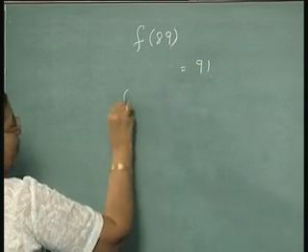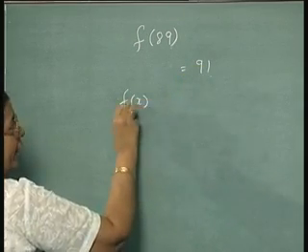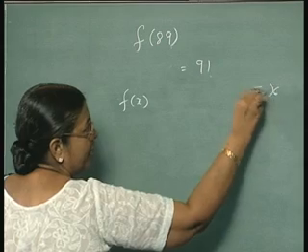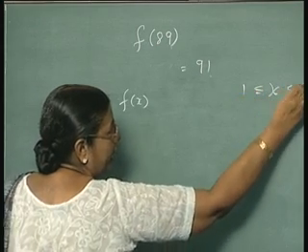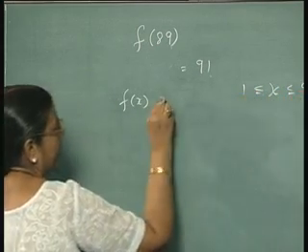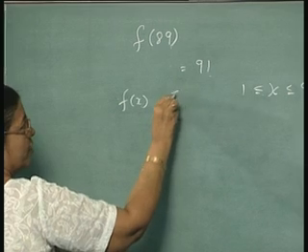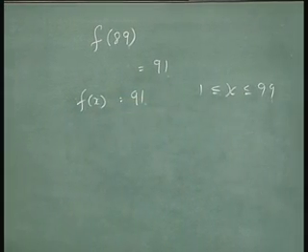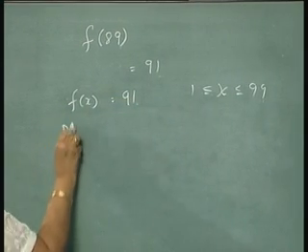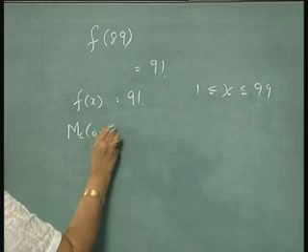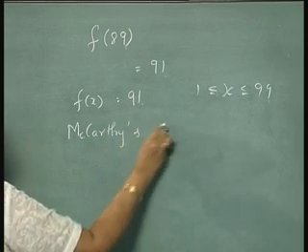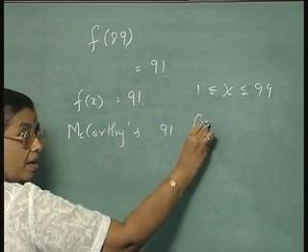For any value of x between 1 and 99, this will be only 91. This is called McCarthy's 91 function.